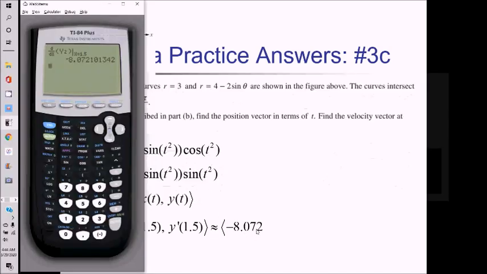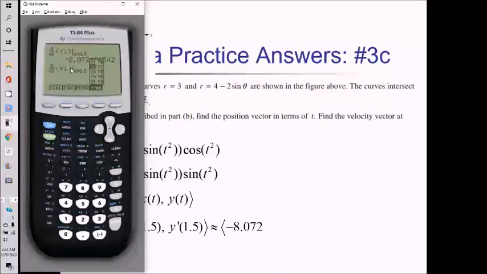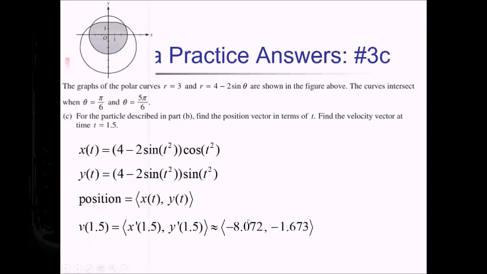And now for the y prime of 1.5, I'm just going to yank my input from right before. And the only thing that's going to change, I'm still taking a derivative, but now I want the derivative of y. So I'm going to change y2 to alpha trace y4 because that's where I ended up putting in y of t. Still evaluating at 1.5. Press enter, and that comes out to negative 1.673. So there's our velocity vector.